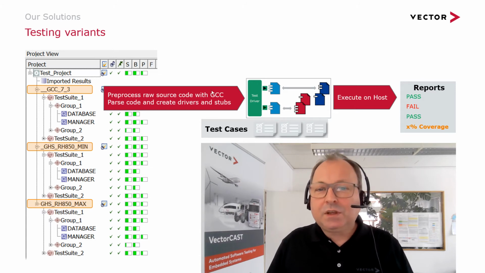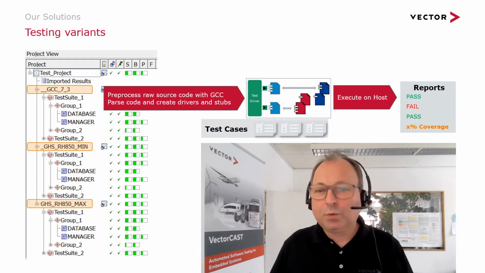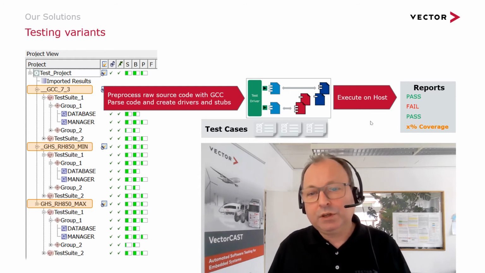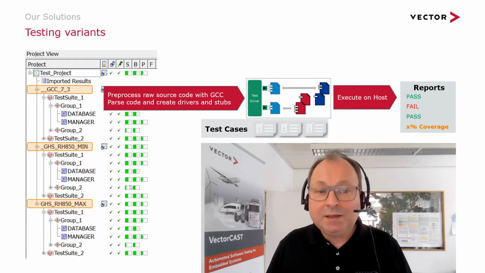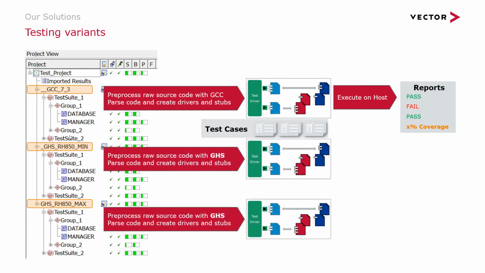Now, this is not enough, as I said. In avionic industry, you need to make sure that the code also works using the real compiler on the real chip, and in an ideal world, in all possible variants. So you can use VectorCAST to create additional variants, and then we will use the different configuration on the same source code, pre-process the code this time using the embedded compiler, build a test driver and stubs, and compile and link using the embedded compiler.